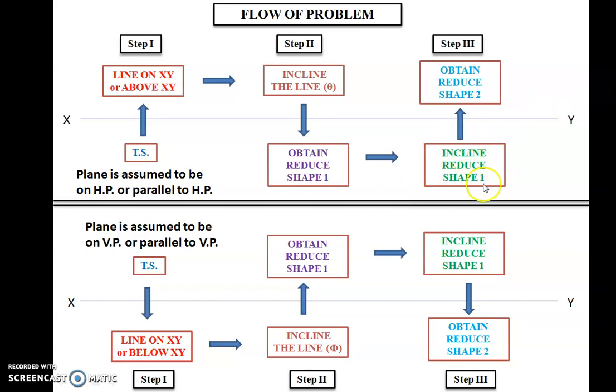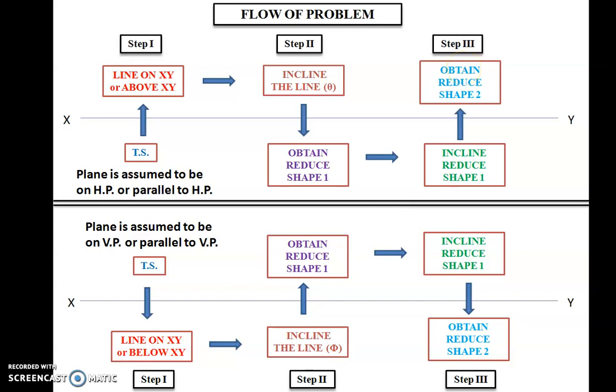So when you will redraw it, you will extend the projectors from this reduced shape in the front view. You will extend the inclination of the projectors from the line to intersect the projectors, and here you will obtain the reduced shape number 2. So you just go through the flow, how the projectors will be extended, it will be cleared from the problems.